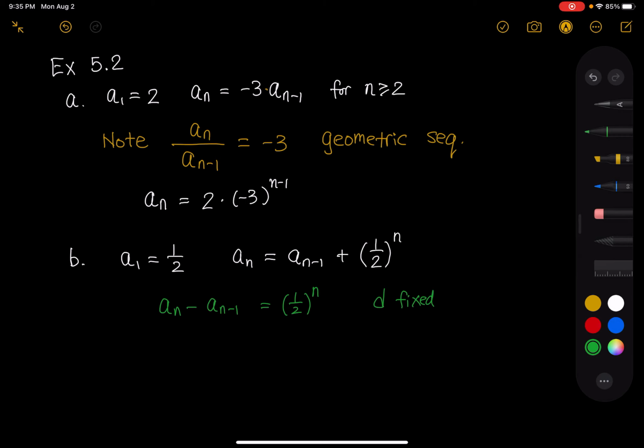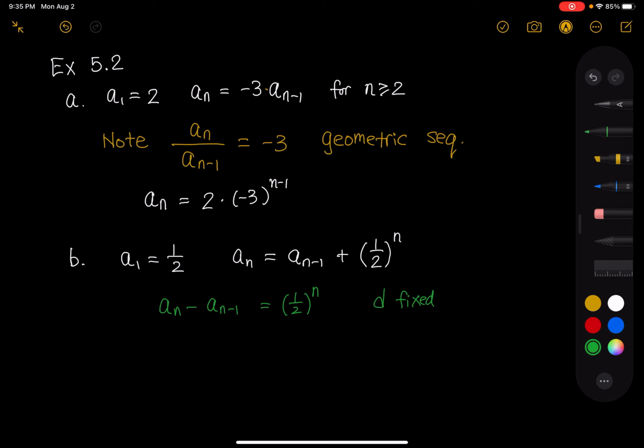In that sense, it's not an arithmetic sequence. And similarly, if you do a_n divided by a_(n-1), you don't get a ratio. So it's neither a geometric nor an arithmetic sequence.